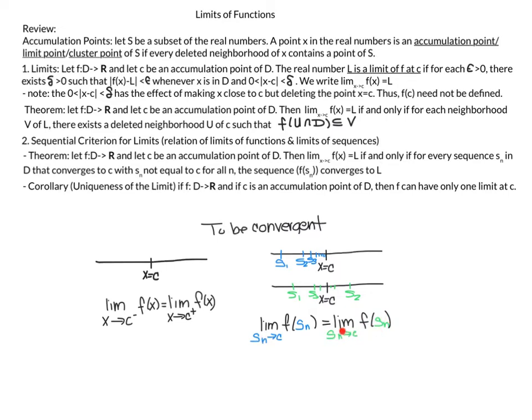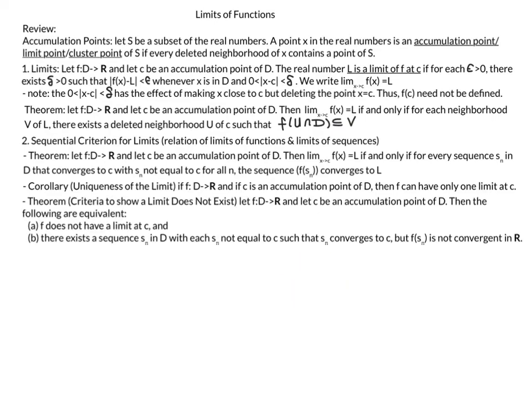Because these two are both converging to c, the limits need to be equal. Otherwise, the function is considered not convergent. So this here is the significance of the uniqueness of the limit as far as looking at the sequential criterion for limits.